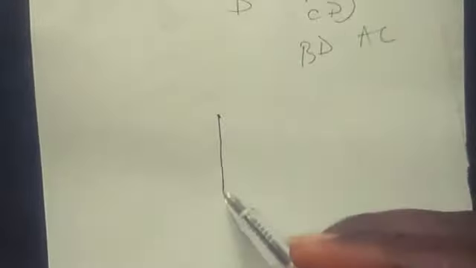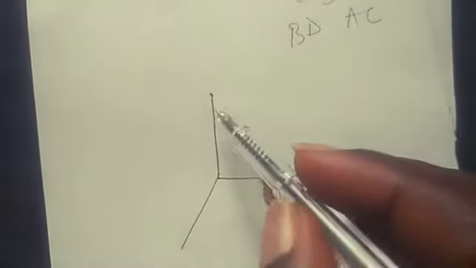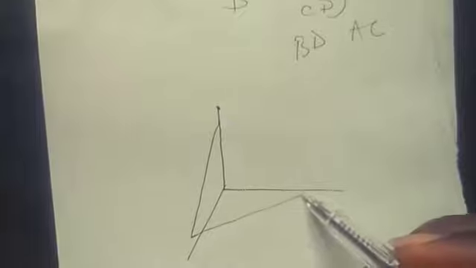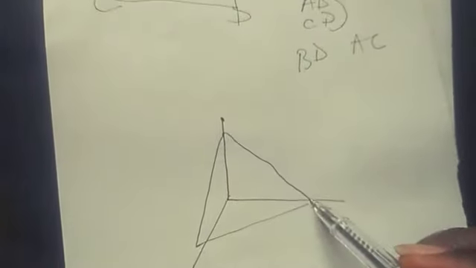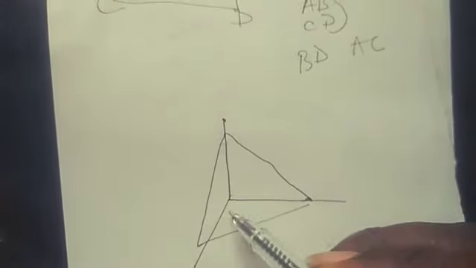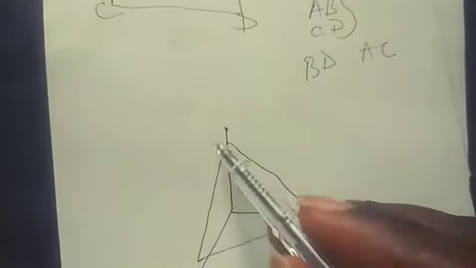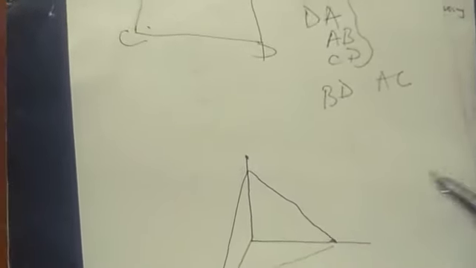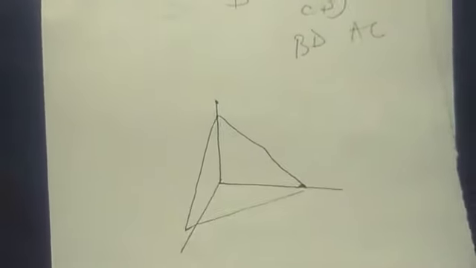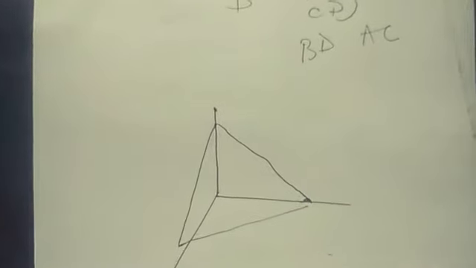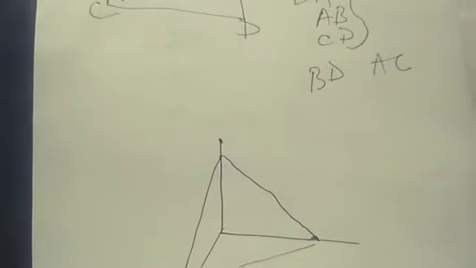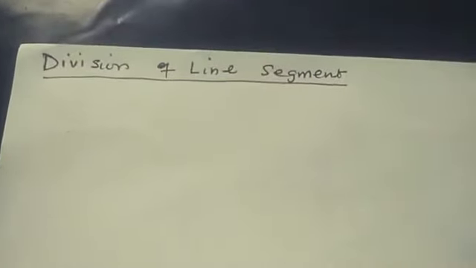Another one is a tetrahedron. This is the shape of a tetrahedron. So the sides are also equal. We only need to pair them, and if they are equal to each other, we have shown that they are vertices of a tetrahedron.